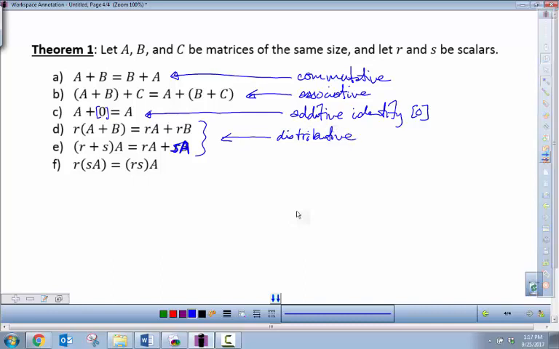The distributive property works when you're adding two matrices, or when you're adding two scalars. The distributive property has an addition and a multiplication involved, and here we're dealing with the scalar multiplication. And so the distributive property works in whichever one you're distributing.